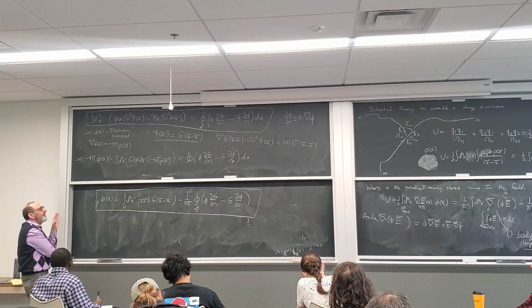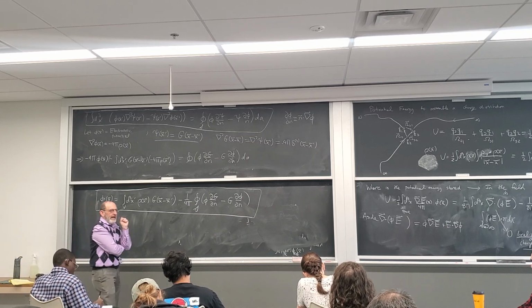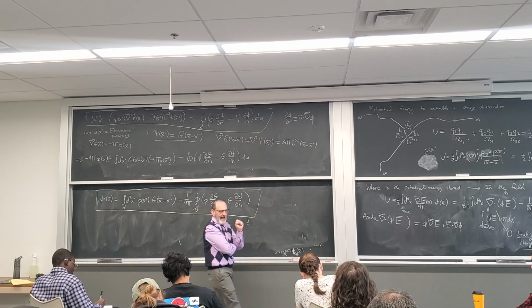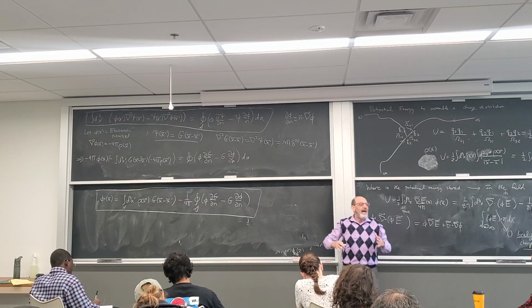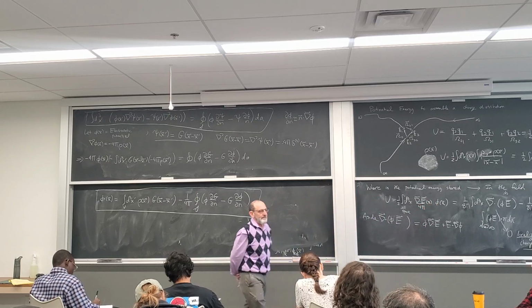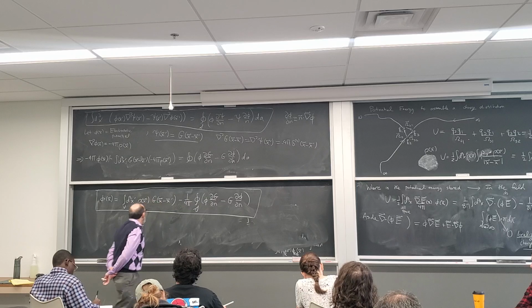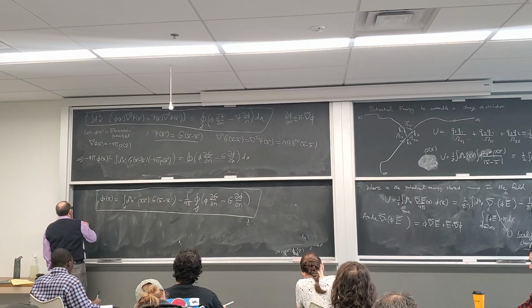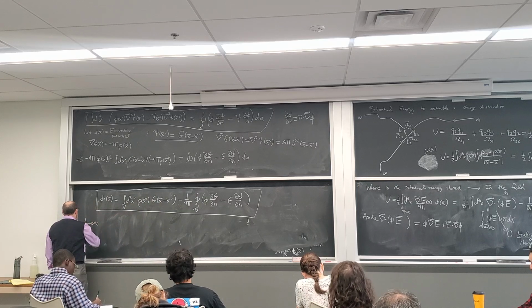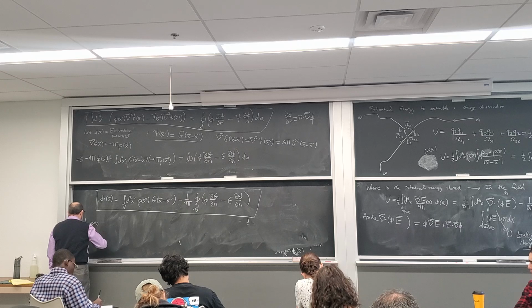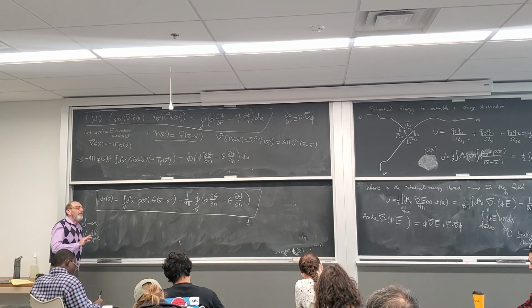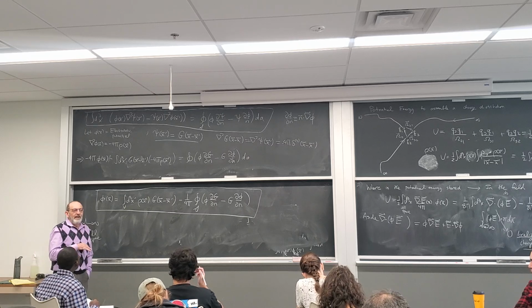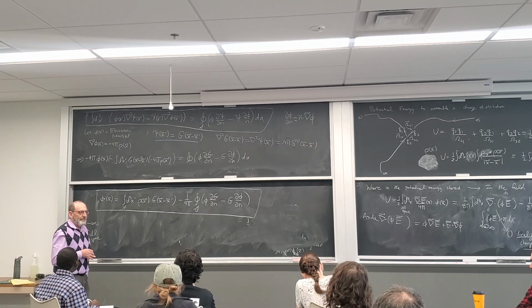Firstly, does this agree with what we already have derived when the surface is at infinity and this is the whole volume? So if the surface goes to infinity and the volume is all space, we want the potential to go to 0 at infinity.